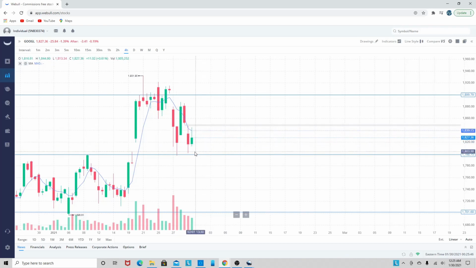So that's something to watch right here. I would definitely watch to see if it holds that $1,800 support line, and if it does, you're definitely good to go on that one.